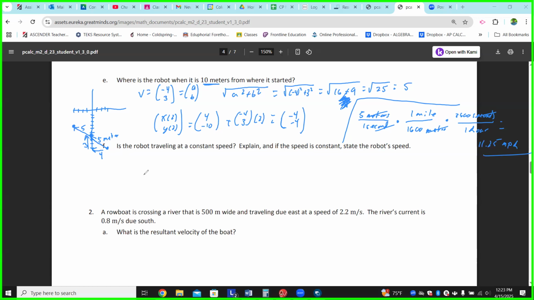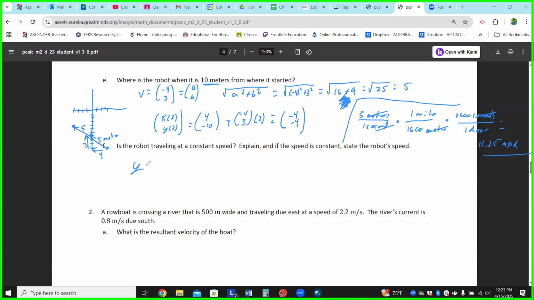On part F, is the robot traveling at a constant speed? Yes. He is traveling at 5 meters per second or 11.25 miles per hour. 10 meters per 2 seconds is the same thing as 5 meters per 1 second, or if you want to get real technical, it's 20 meters per 4 seconds.